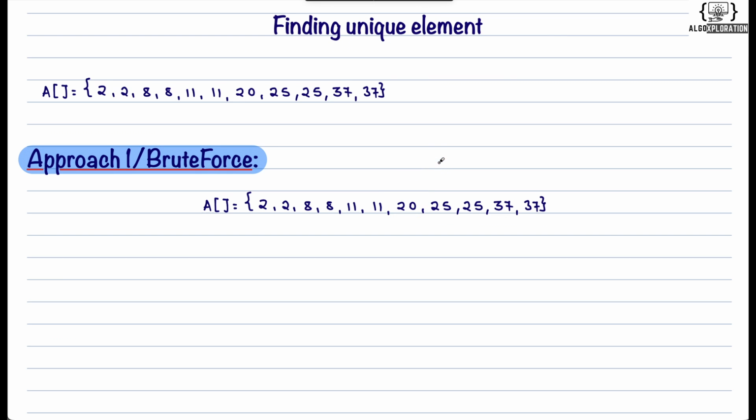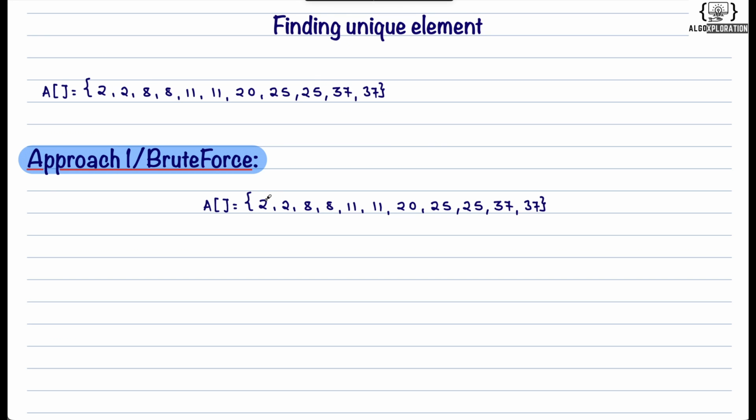Now, since we know that the array is sorted, taking this element and searching over the entire array is stupidity, because this element will obviously be present just beside it, over here or over here, because it is sorted.